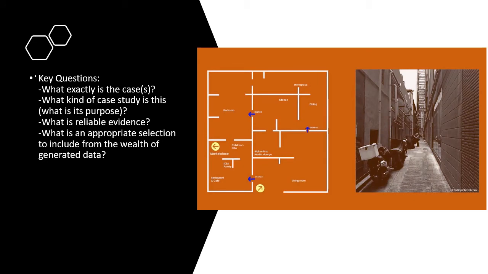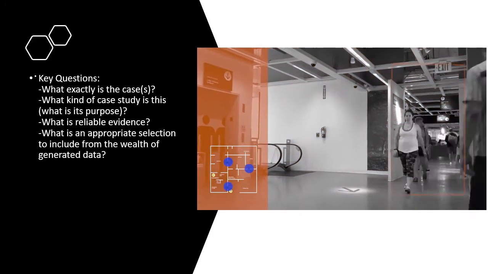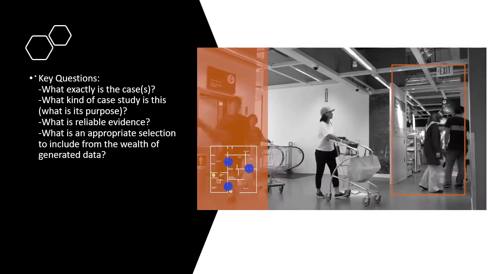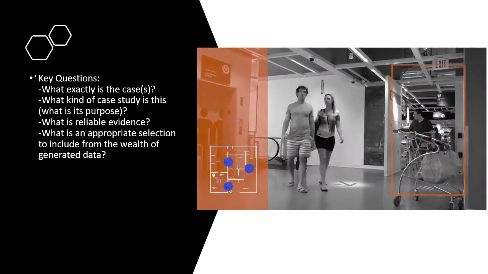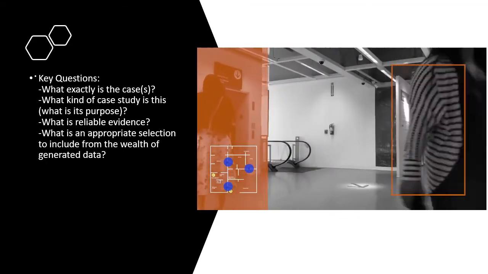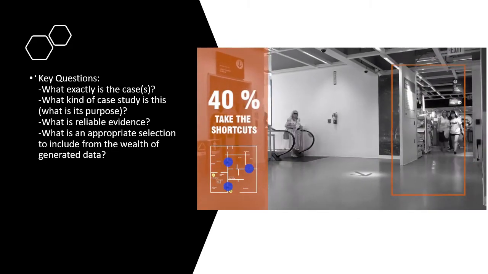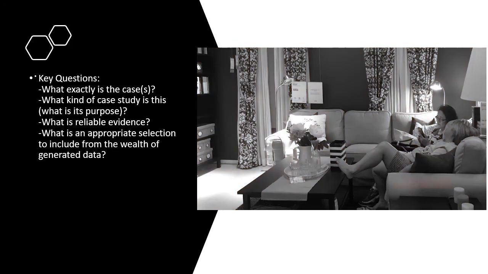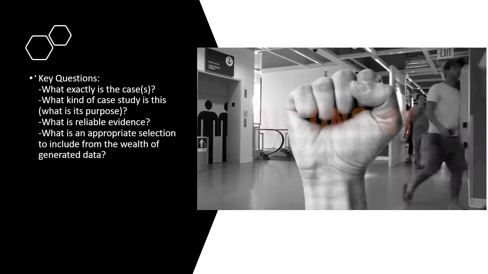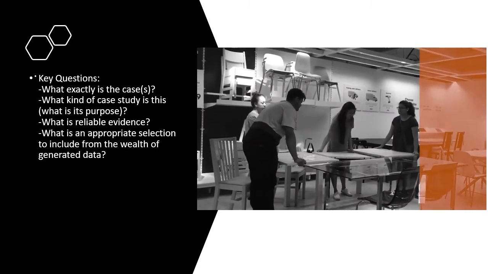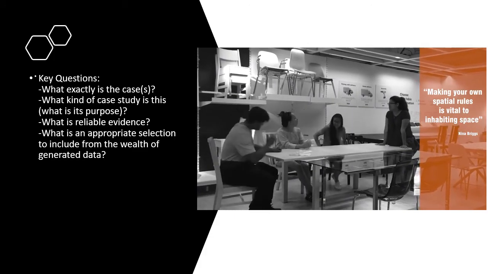IKEA's other secret is the shortcut. We were interested in how many people take the shortcuts and why. The shortcut option allows an out for those who feel a loss of control by being confined to the street, like cutting through an alley. In exercising their freedom of choice and the need to break away from the herd, our study revealed that 40% of IKEA shoppers take the shortcuts, because shortcuts give people a sense of autonomy. People need to make their own rules in how to use space, proving that user autonomy is essential to successful interior design. Another observation that intrigued us was shoppers' interaction with the merchandise.